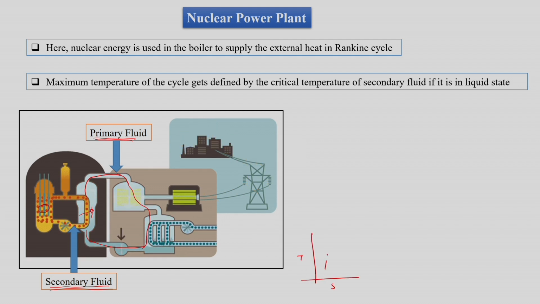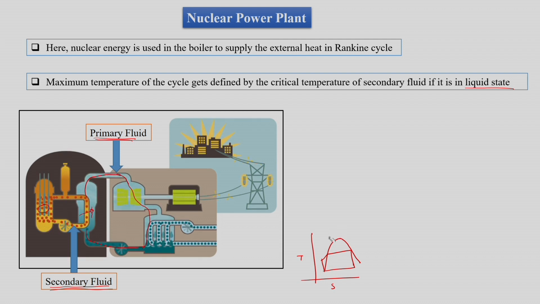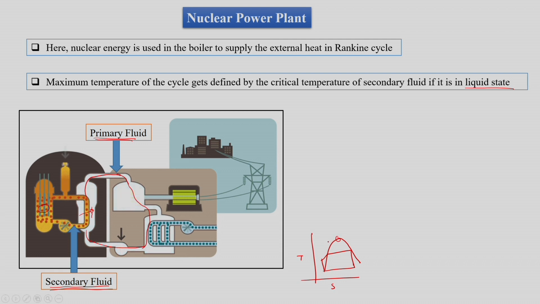We will have TS diagram, we will have the dome, and then we will have such as our Rankine cycle, which is very primary Rankine cycle, and that Rankine cycle will not be able to have superheat, which we have already discussed, since we are trying to say that we are having secondary medium as liquid, and if that liquid is water, then water's critical temperature is known to us, then we cannot cross this temperature as the T max, since we are using water itself as the heat source.